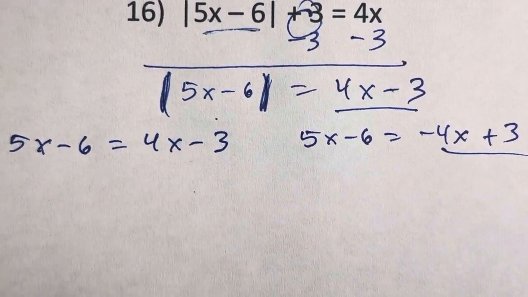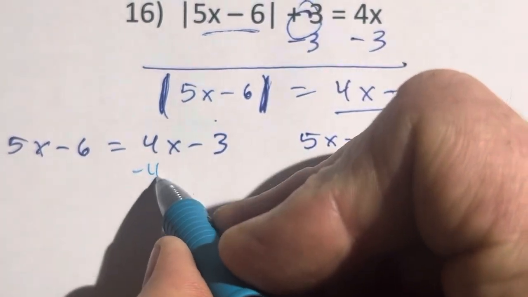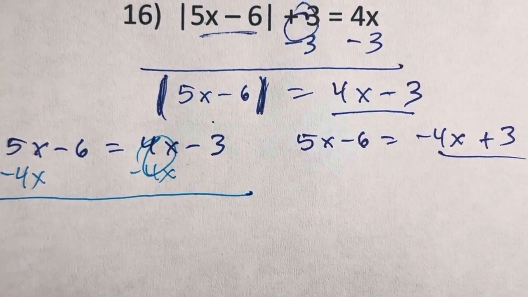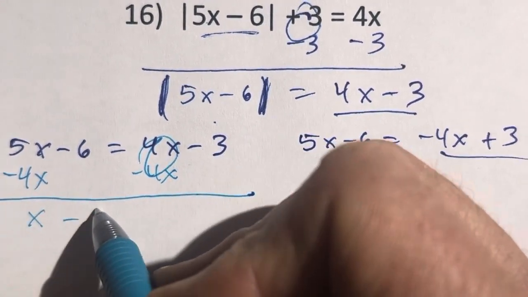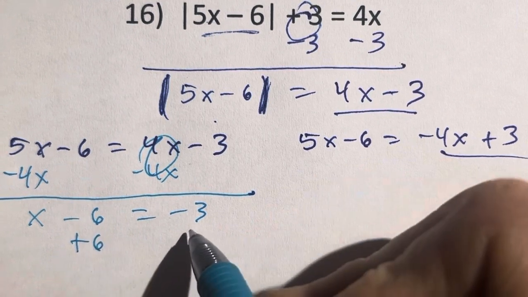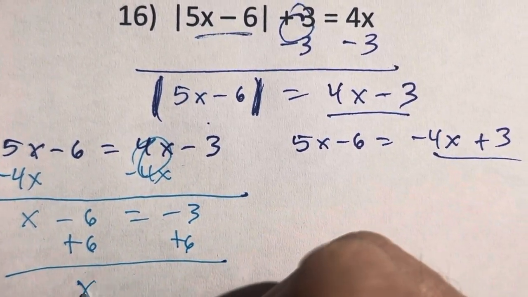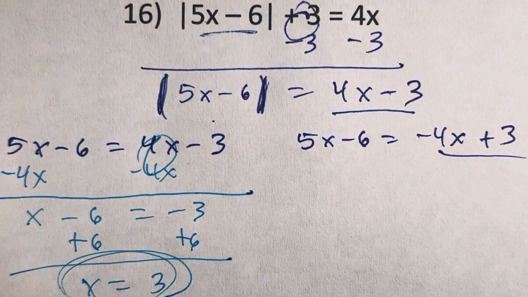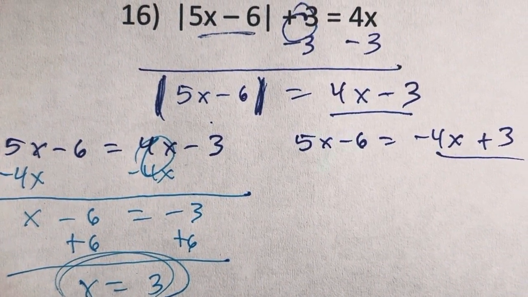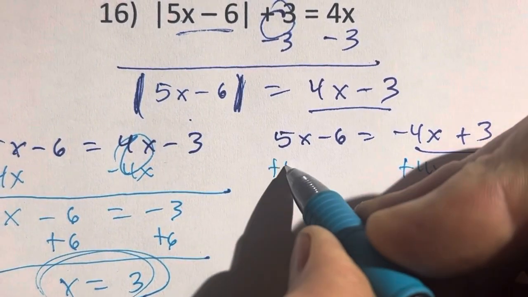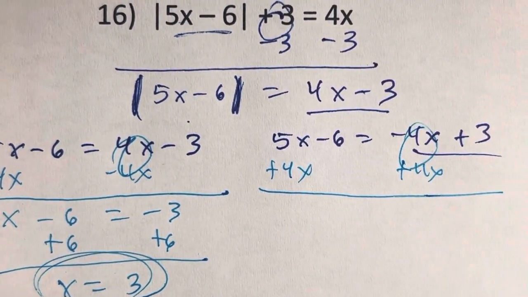So here, I'm going to have to subtract the 4x on both sides to get this gone. And then it'll be 1x minus 6 equals negative 3. I'll add the 6 to both sides. And x equals 3 is my solution there. Okay, on this one, I'm going to have to add 4x to get rid of this.